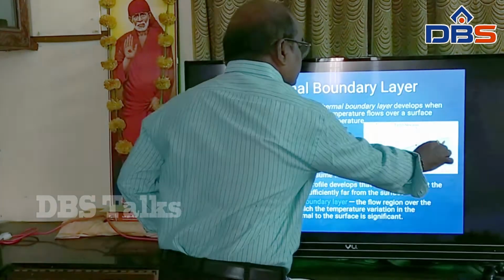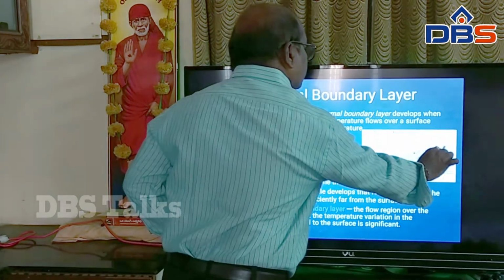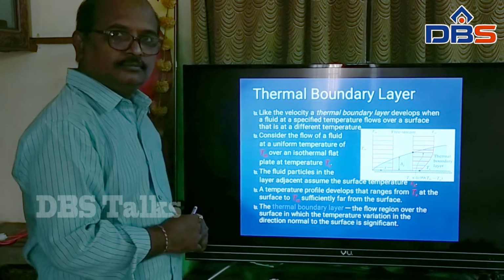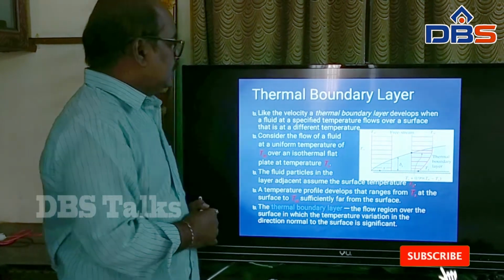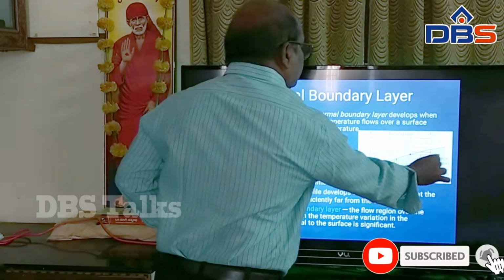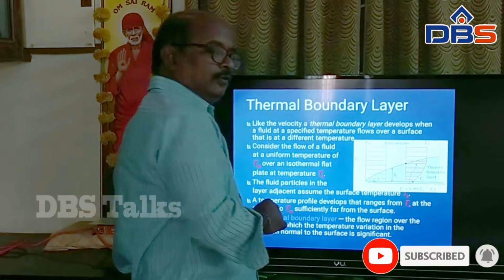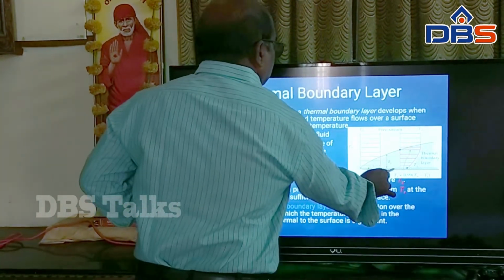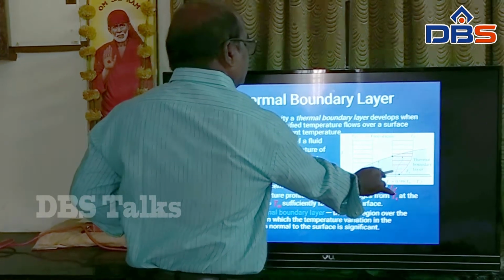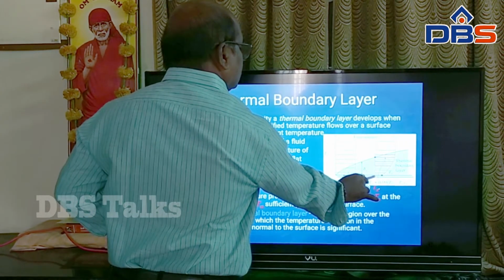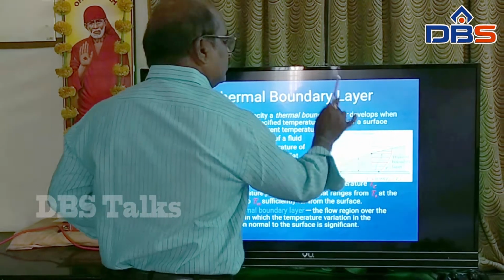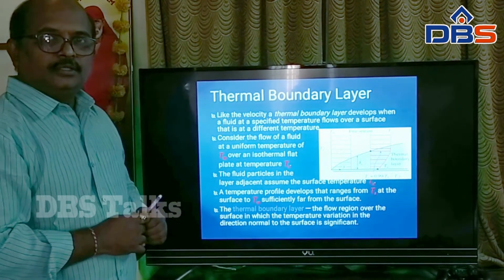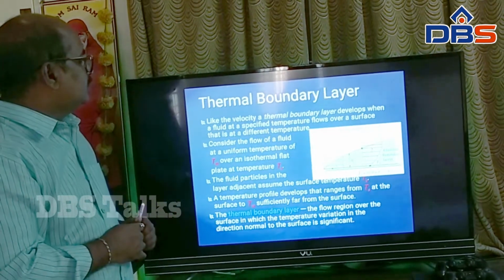When the fluid is flowing over a plate, boundary layer formation takes place. Inside the boundary layer, there will be fluid flow and a lot of frictional forces. At the same time, there is heat transfer from the plate to the fluid.